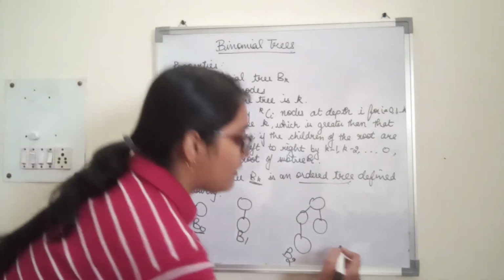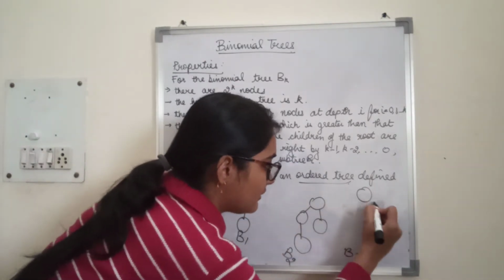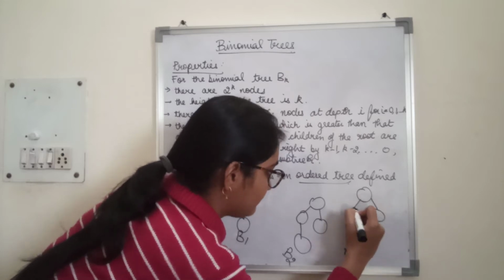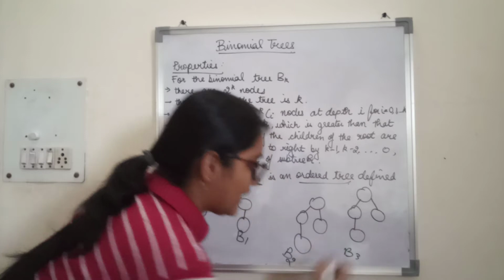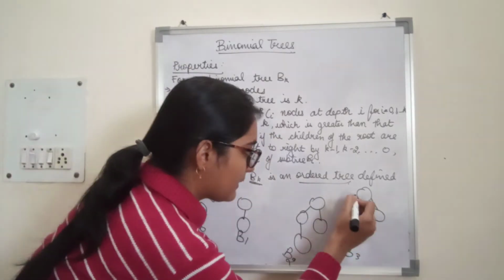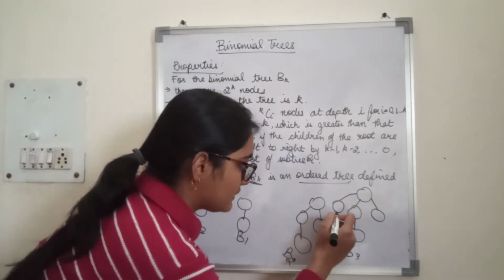Now how are we going to form B3? Form this tree first. It is like this, right? And now we have to link this particular tree here. So there is one more. There is a lack of space.